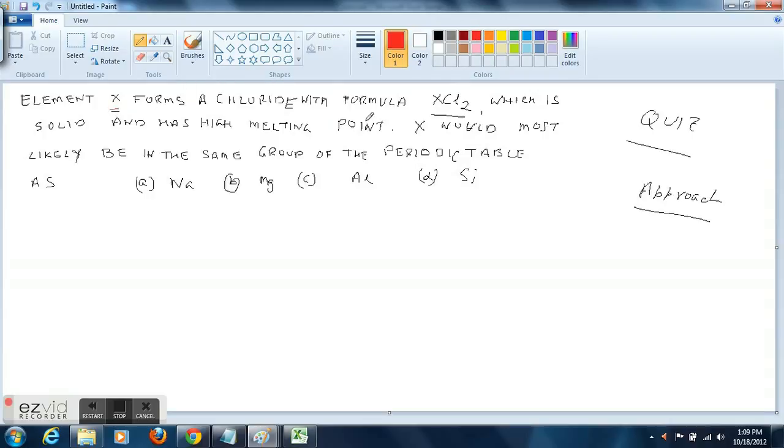So first problem: element X forms a chloride with formula XCl2, which is solid. The word solid is important.